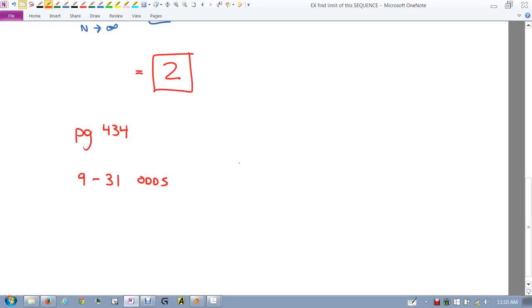I'm going to give you a hint on number 31. They give you natural log of (2n squared plus 1) minus natural log of (n squared plus 1). And they ask you, determine whether the sequence converges or diverges.